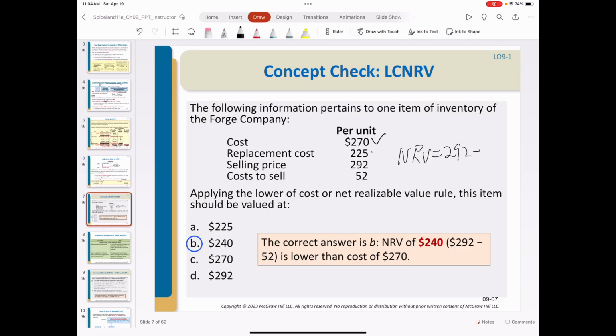So here is 52, so 240. 240 is less than the book value, 270. So we write down book value by 30. We will debit cost of goods sold and credit inventory by 30. But this question doesn't ask that much, it just asks what's the value. And we use NRV to replace the old book value, 240.